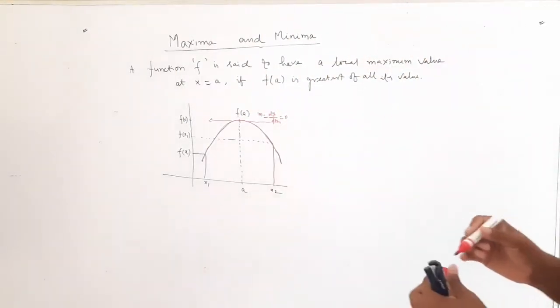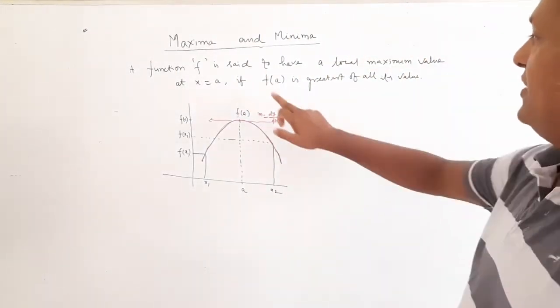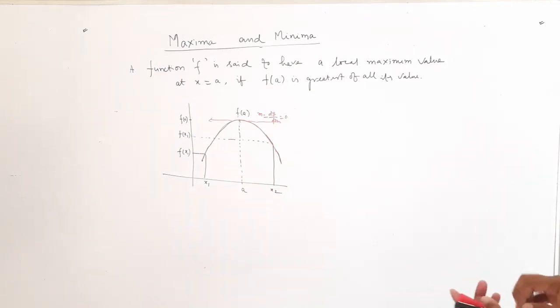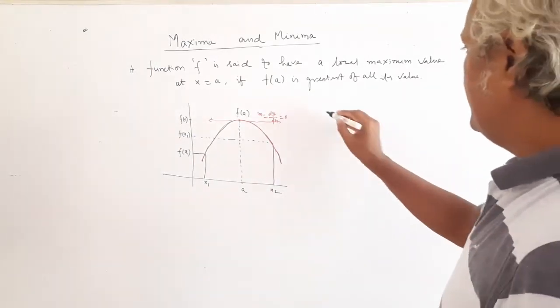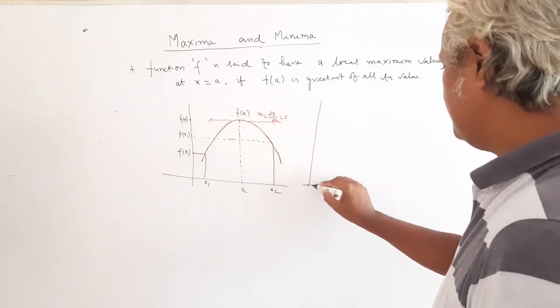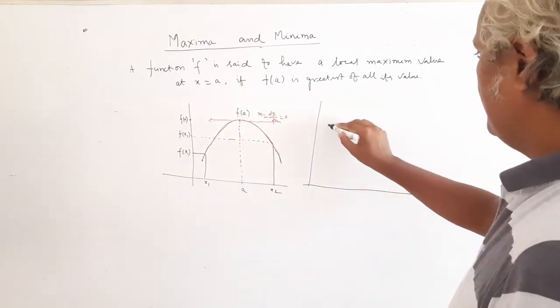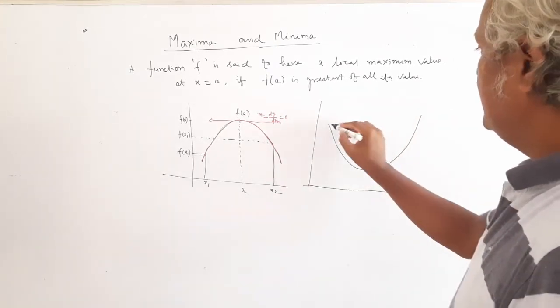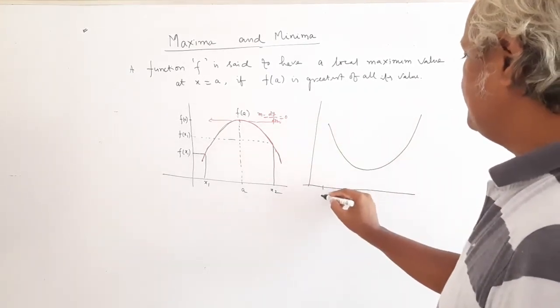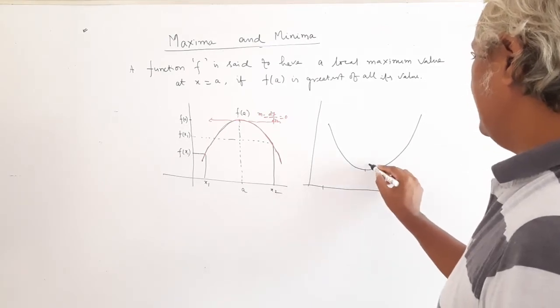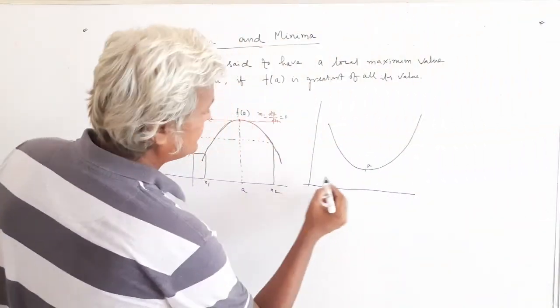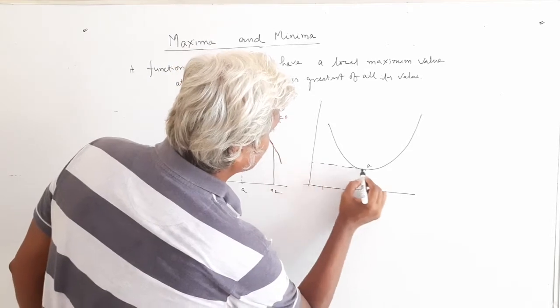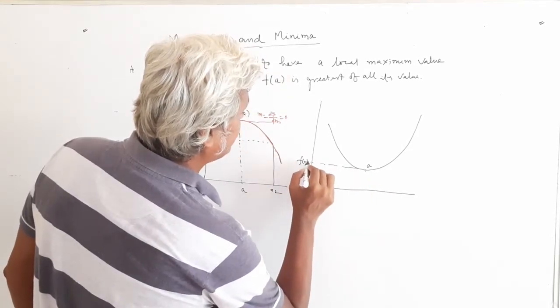Now for the minimum value, f(a) should be the minimum, and the graph in those conditions will become something like this. Suppose this is a, so at this value the function value is f(a).